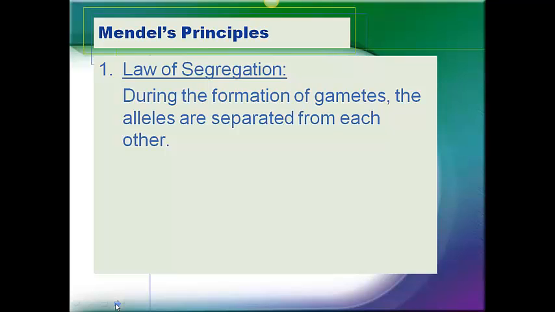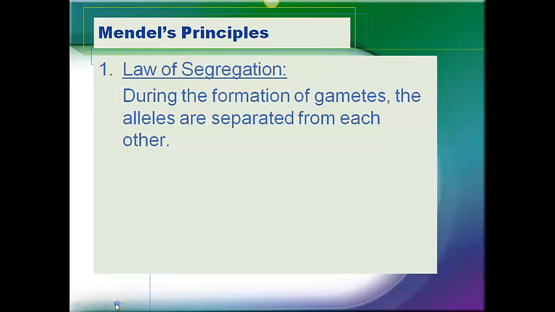And he said that during the formation of gametes, so when the pollen or the eggs were made, the alleles must have been separated from each other. So in other words, you can think of this like a deck of cards. The mother's alleles are one deck of cards, and the father's alleles are another deck of cards. And when gametes are made, so the pollen or the eggs in the case of pea plants, the alleles are separated.